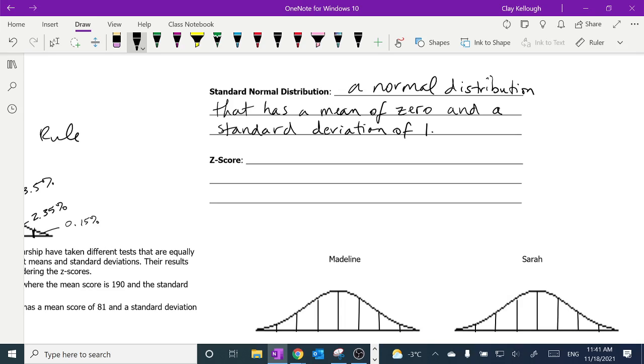So it's a standard normal distribution if it has a standard deviation of 1 and a mean of 0.